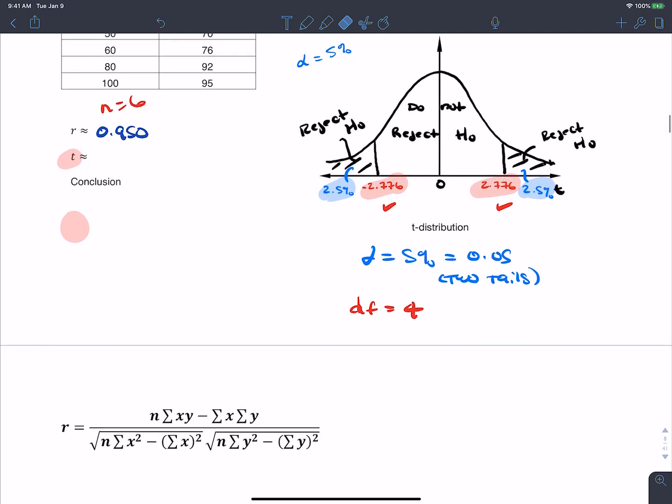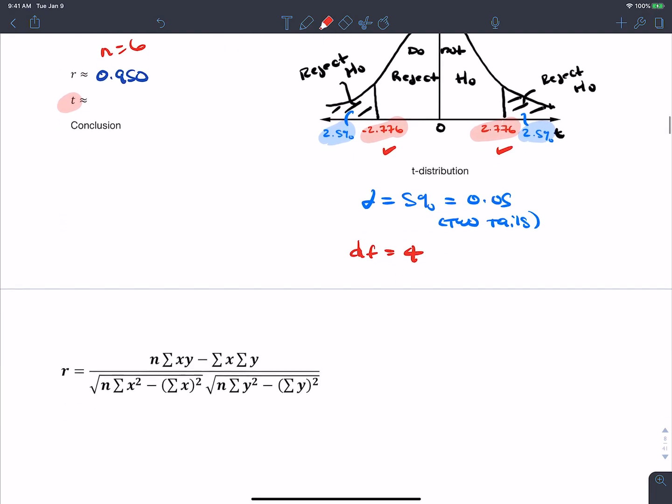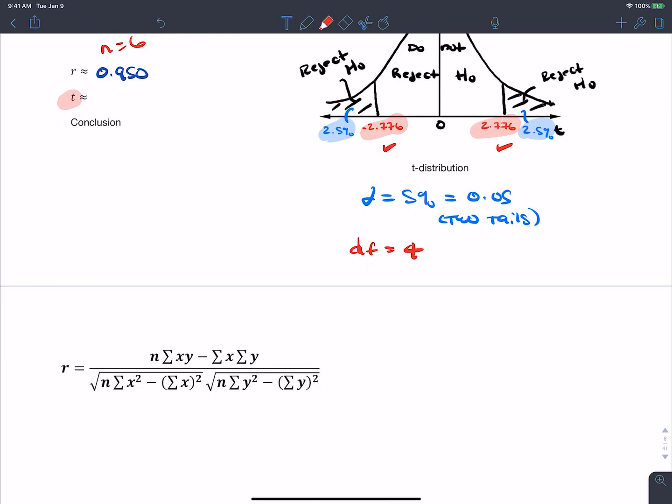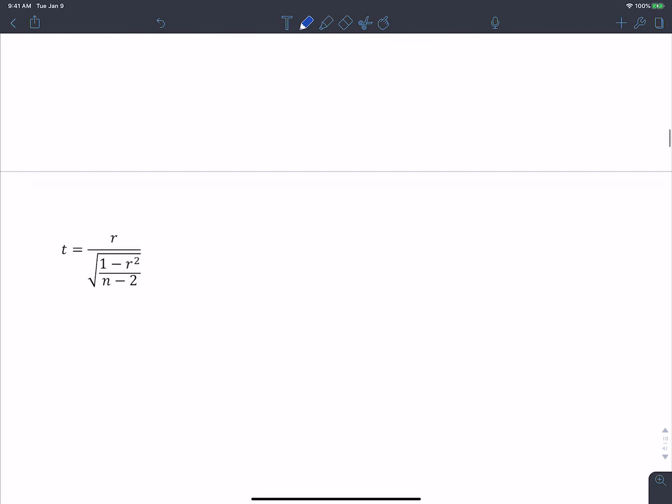Let me do this out. Here's our R value. We already know R is going to be what here? 0.950. Now, the test statistic, out here, we plug in 0.950, 0.950, and here, what was N? Is that 6?